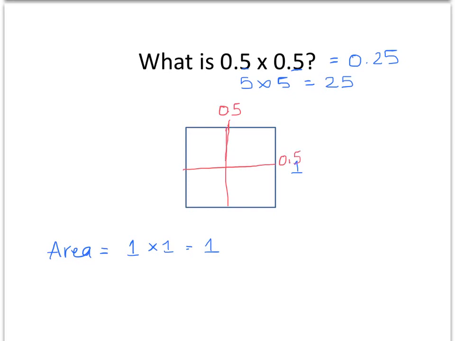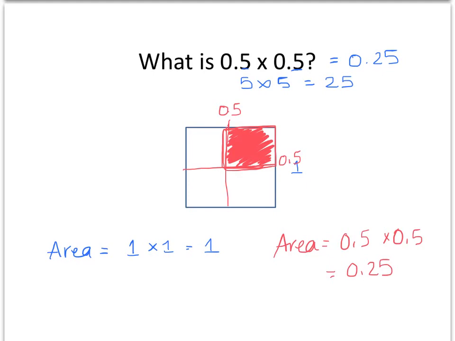If I just wanted to find the area of this small square that I'm outlining, the area of the small red square is 0.5 times 0.5. And you can see that what I've got is a quarter of the original square. So the area is a quarter, or 0.25, because those are equivalent. Okay, so that's a way to think about multiplying decimals using a picture.